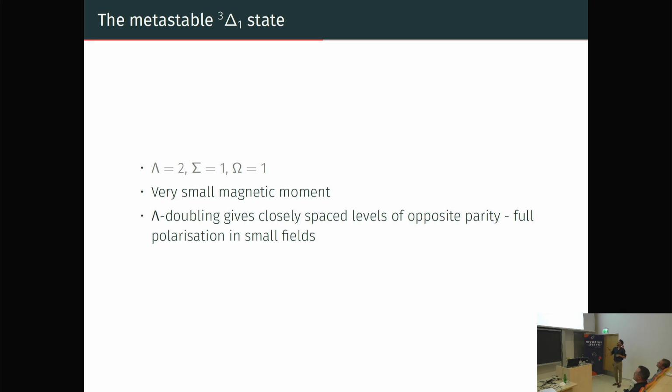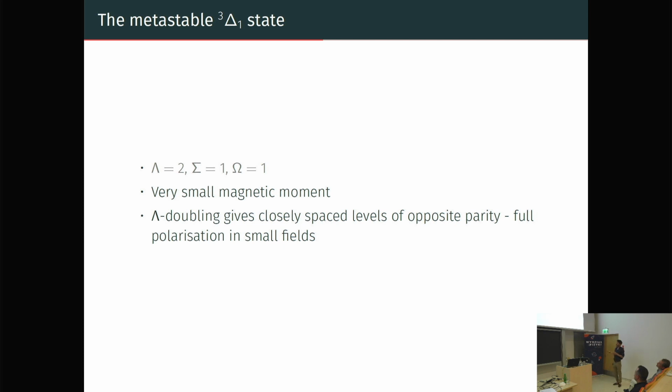So the metastable triplet delta 1 state, of course, has orbital, we've got this molecule here, and one of the electrons has orbital angular momentum projected onto this internuclear axis of 2, and then we have 2 unpaired electrons giving us a spin of 1, and they combine to give us a total angular momentum projected onto this internuclear axis of 1.